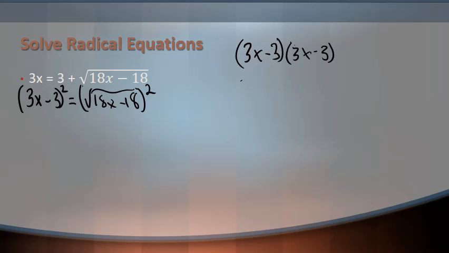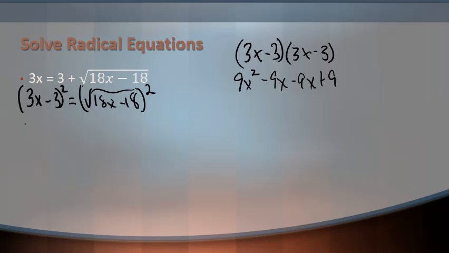And that's going to give me 9x squared. Probably could have factored the 3 out of that first. Might have made it a little bit easier, but oh well, whatever. Minus 9x, and then minus 9x again, and plus 9.